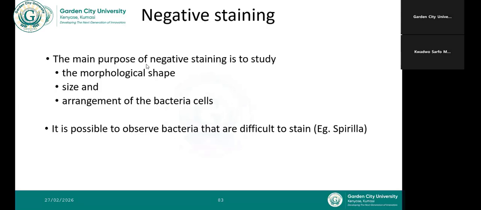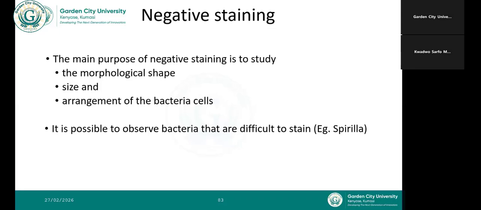Here, you want to study the morphology, the size, the arrangement of the bacterial cells. So please take note of this one. Negative staining is when you stain the background and not the bacteria.